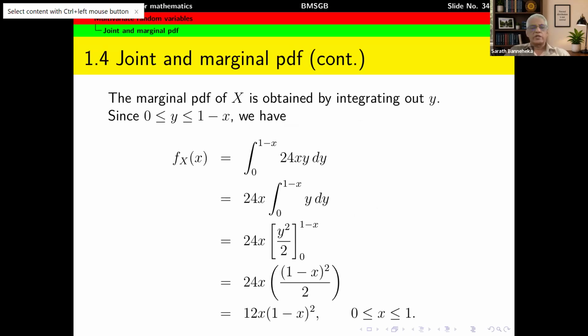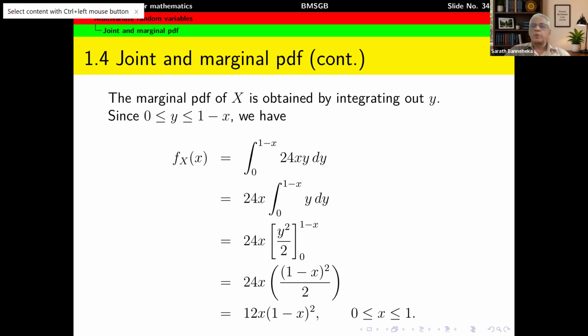So by symmetry, you can get the expression even by looking at this without doing the integration again. Fy will then be 12 times y times (1 minus y) square, where that simple y is going to be between 0 and 1. So I have not shown you the answer. You can obtain it by just looking at the symmetry of this density function.